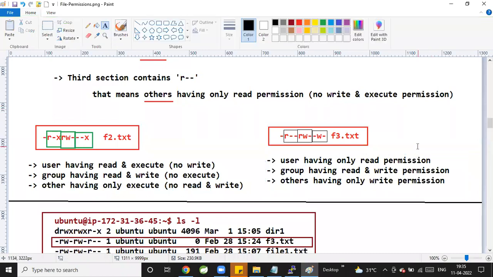Others having only write permission. Are you able to understand permissions of the file? How to understand the file permissions? Are you clear what is that rwx and hyphens?